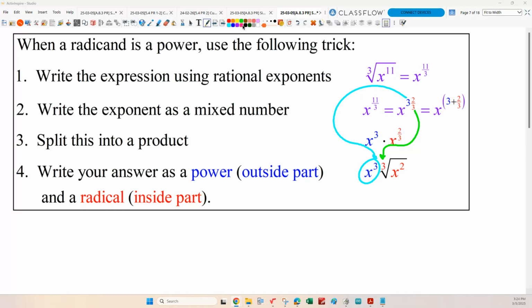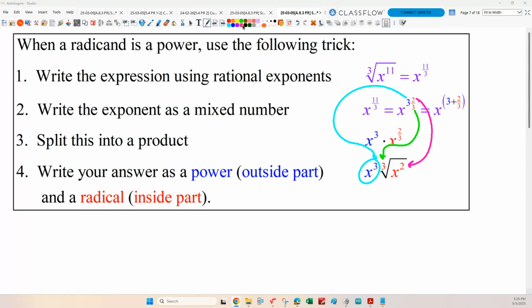And the 2 in the numerator tells you the power of that variable that's inside that radical. Anybody see that? Okay, so we know that if I have x to the 3 2/3, I'm getting x cubed outside, and inside my cube root, the numerator is a 2, so I'm going to be stuck with an x squared inside. Good? Give me thumbs on that.